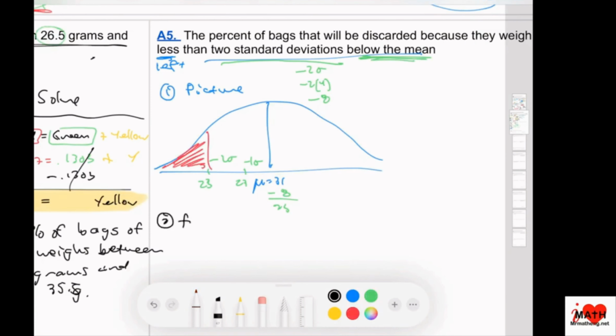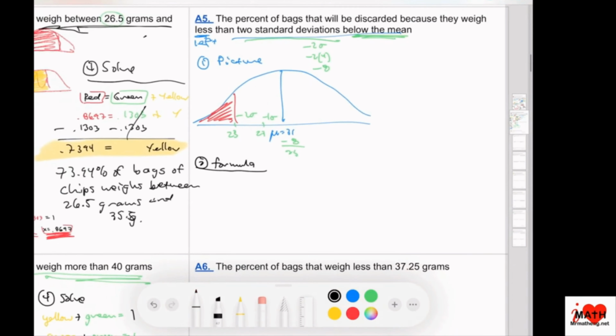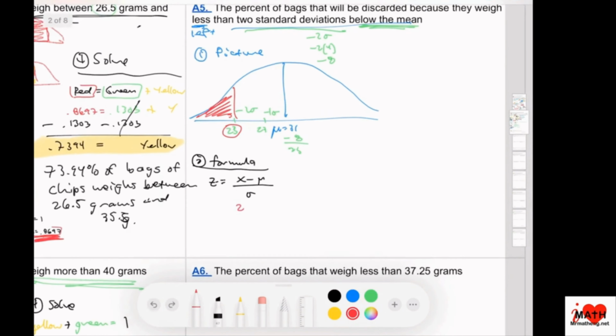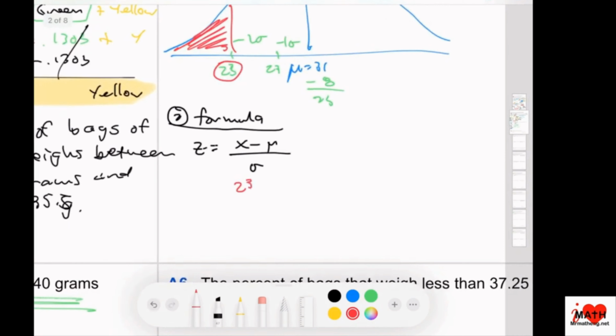Let's go ahead and use the formula. z equals x minus the mean over the standard deviation. Again, I got 23 by subtracting 2 standard deviations away from the center.